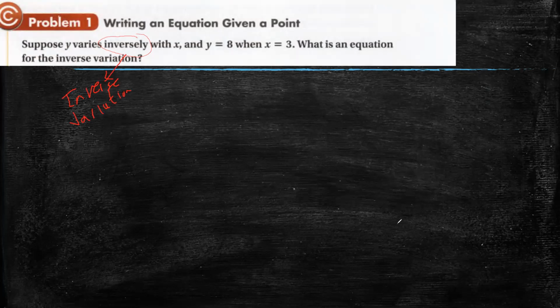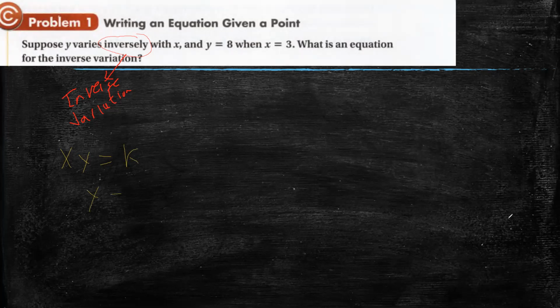Then, from the words, let's analyze the word problem here. Suppose y varies inversely with x. So this is an inverse variation. It's x times y equals k.